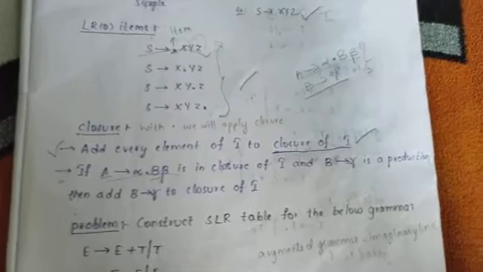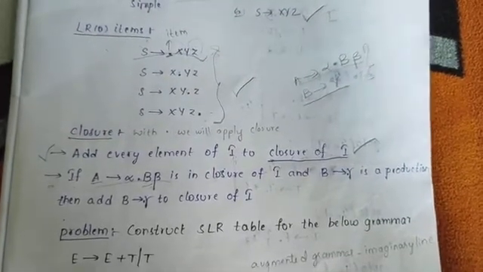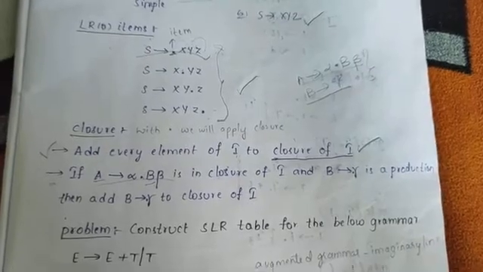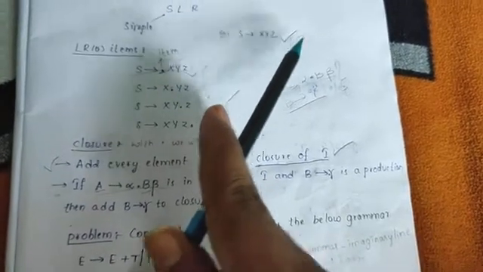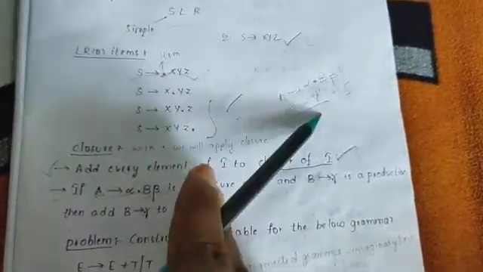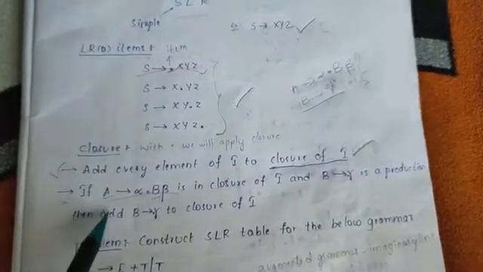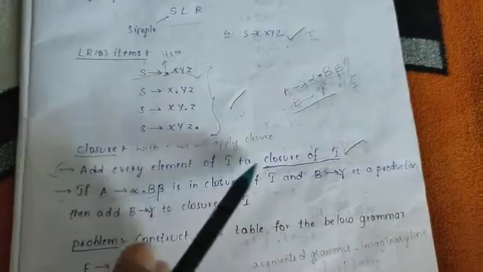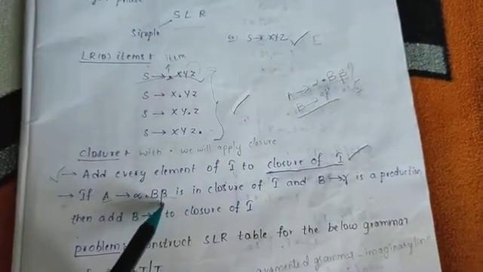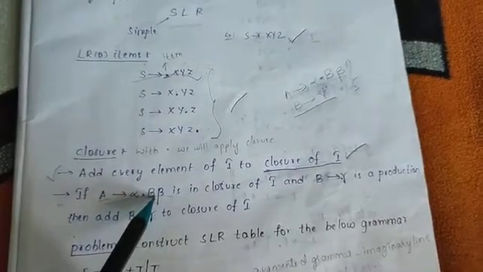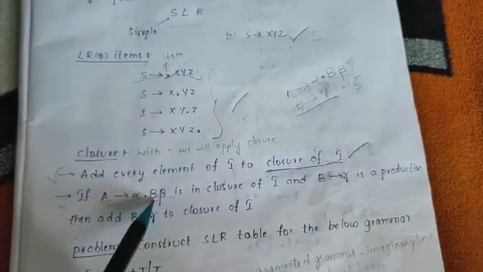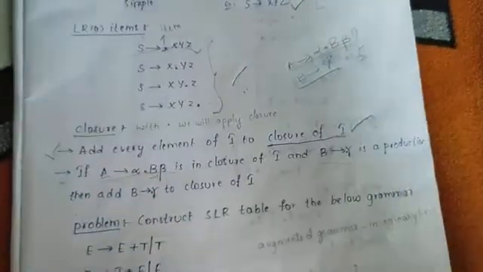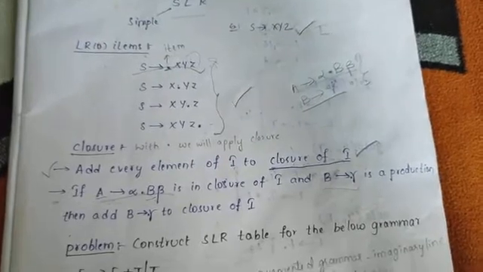The second thing: add every element of I to the closure of I. And if a production has the dot before a non-terminal, then that non-terminal's productions are also added to the closure of I. Those are the two important points while constructing the parsing table.